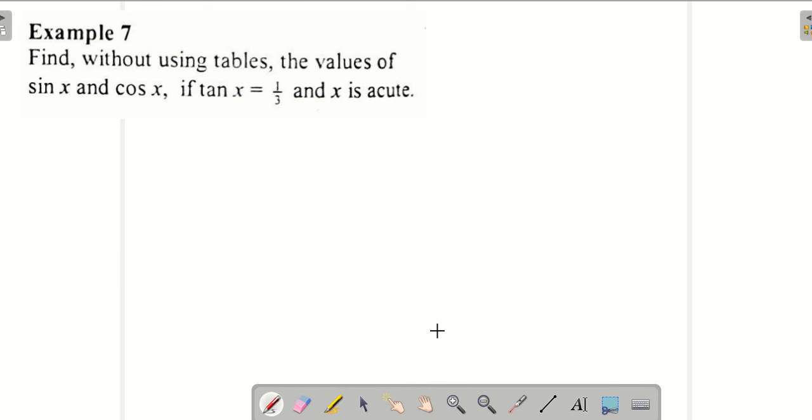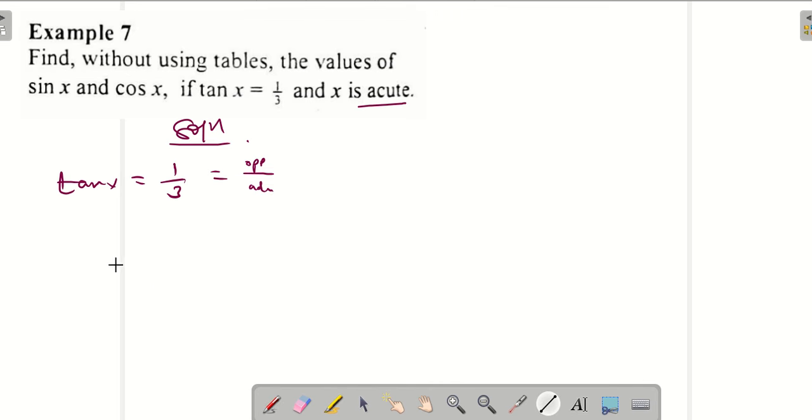Now let's move on to another example. Find without using tables the values of sin x and cos x if tan x is 1 on 3. Solution. Here it has been indicated that x is acute, so we know that we are working only in the first quadrant. Now if tan x is given as 1 over 3, we know that tan is opposite over the adjacent.